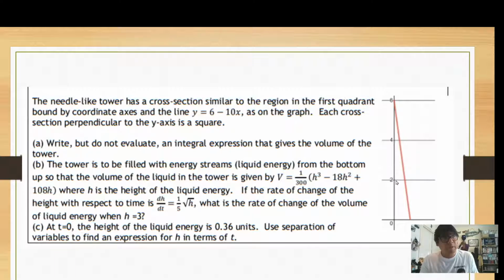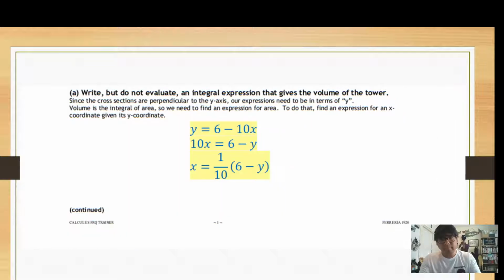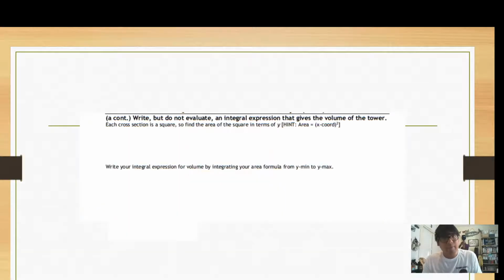So let's say when y equals 2, the side of the square will be where the red line is, and then the other end of that will be at the y-axis. Now that we have that, we know the cross-sections are square, so let's find the area of each cross-section.